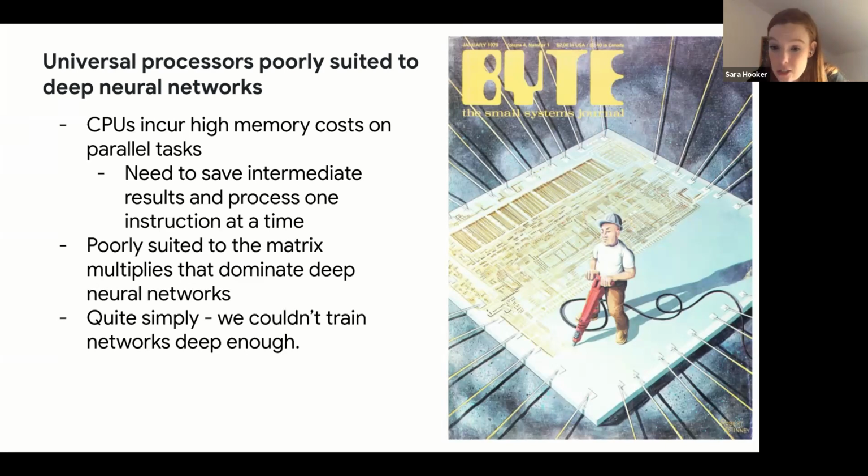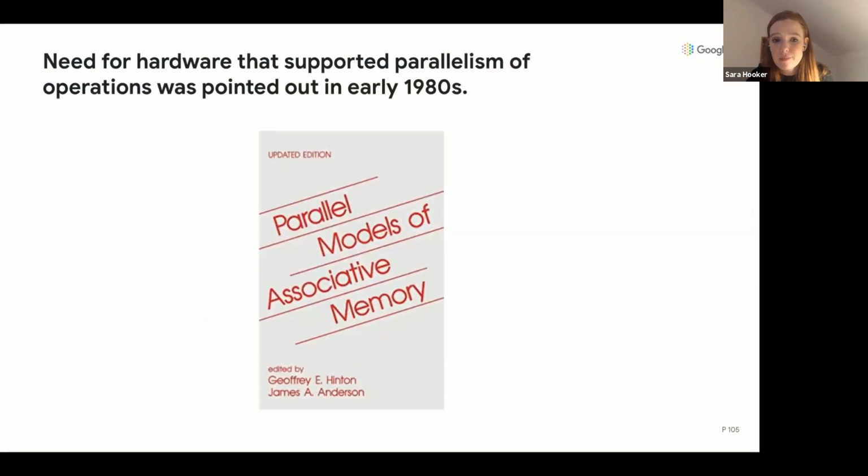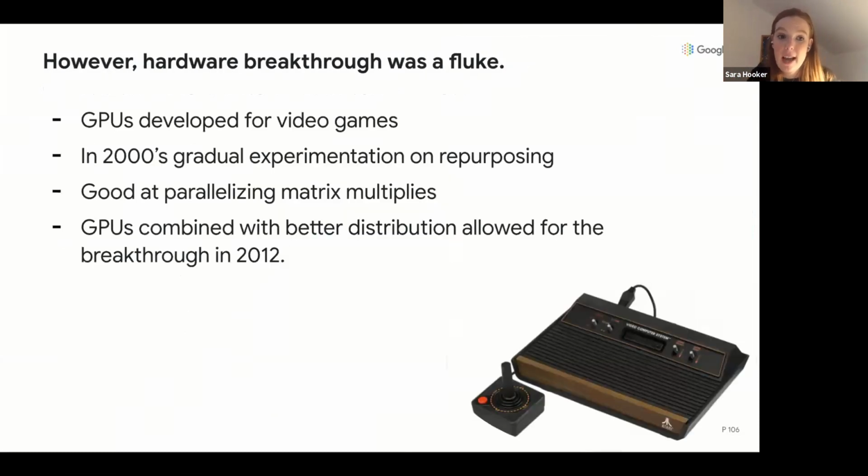Essentially, the key limitation was you couldn't train networks that were deep enough. The need for parallelism of operations was pointed out as early as the 1980s. However, because experimentation and hardware were very expensive, and because Moore's law was still in full force, so you were getting predictable increases in compute every 2 years, it deterred experimentation.